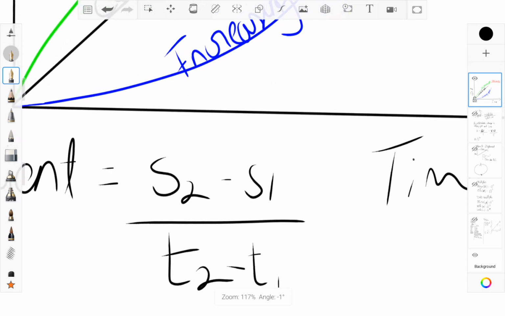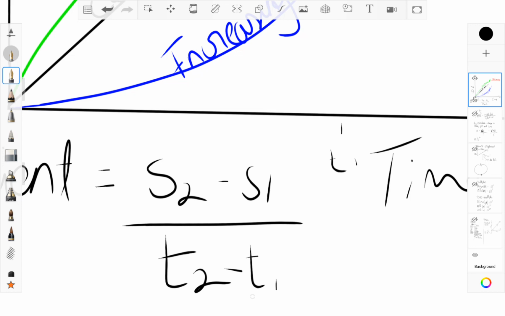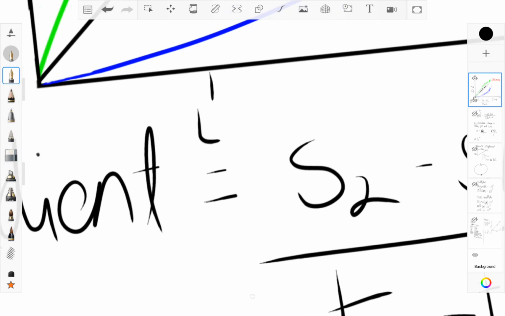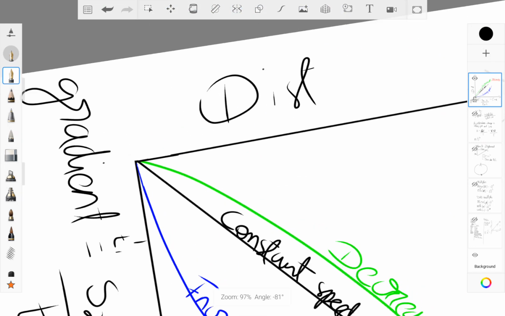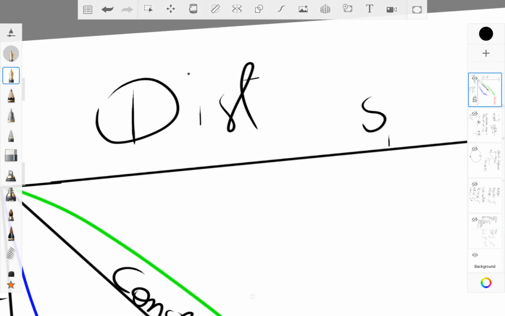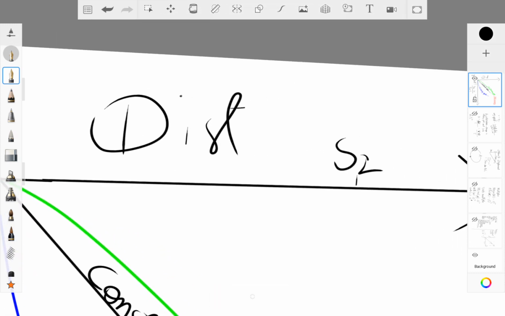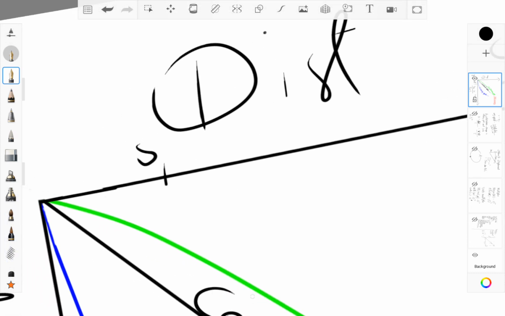Let me just show those points here. T2 would be here, this would be T1, let's say, right? And here we would have S2, S1.